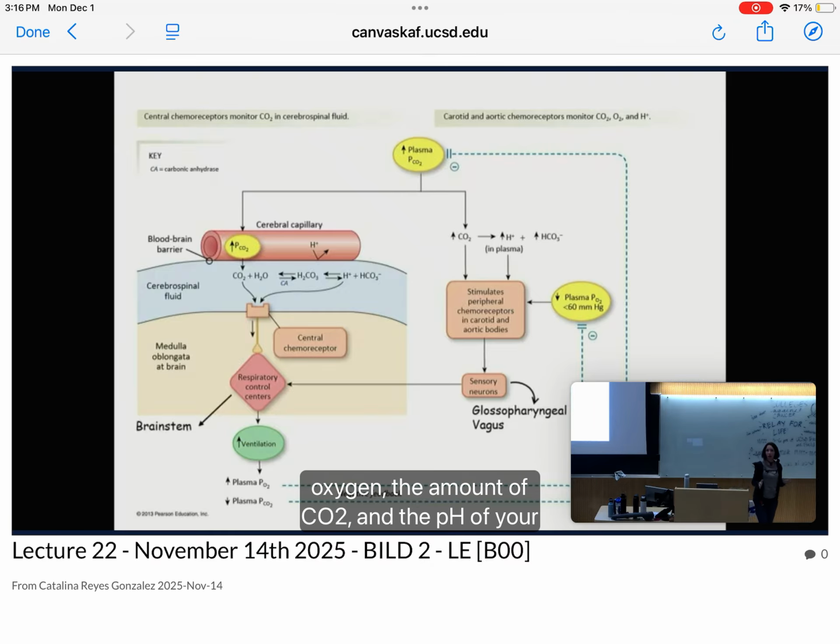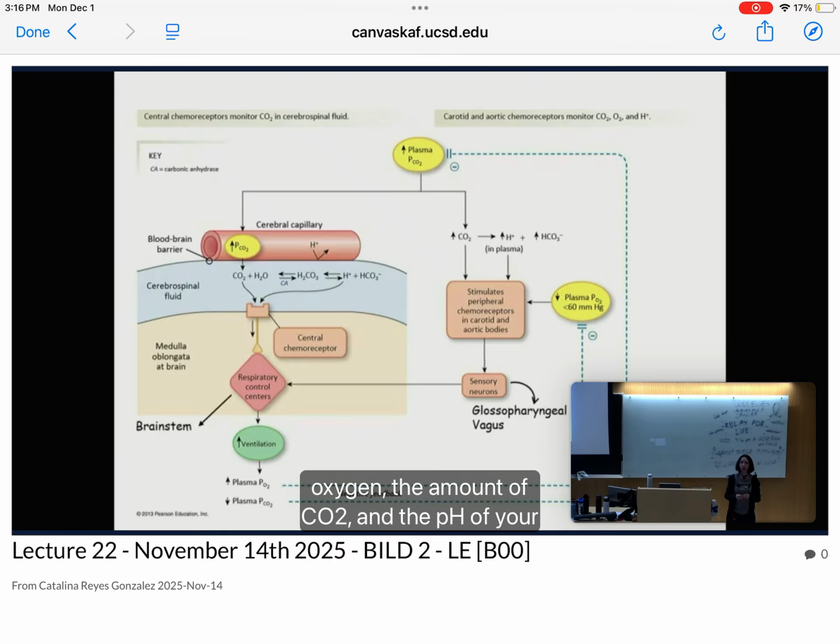the amount of oxygen, the amount of CO2, and the pH of your blood. Okay, so those three are physiological variables that you need to control and regulate. They are going to be homeostatically regulated with a negative feedback loop. You need to maintain the oxygen in your blood within a certain range. The same with CO2 and the same with the concentration of hydrogen ions.